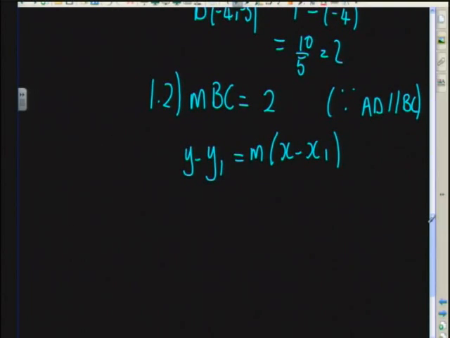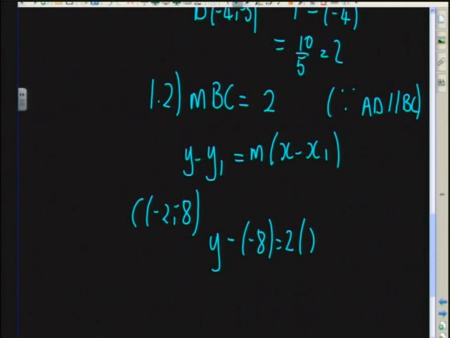All right, so we've got C is (-2, -8), and that will be our x1 and y1. So we're going to get y minus -8 is equal to the gradient, which remember is 2, times x minus -2.